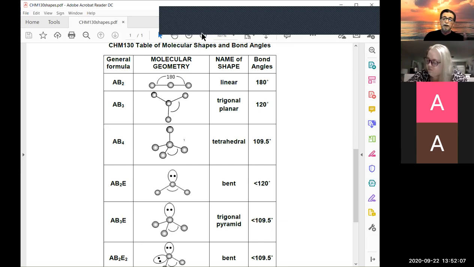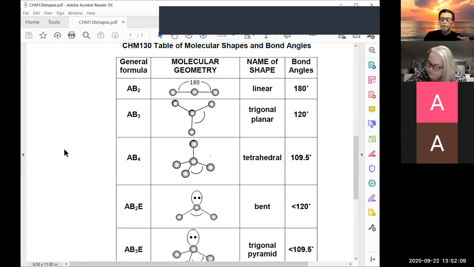B represents how many atoms are bonded to the central atom. So in that first example, we have a subscript B, 2B. That means that we have a central atom with 2 atoms bonded to the central atom.